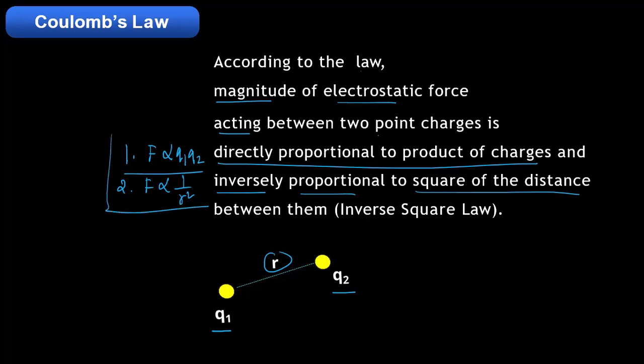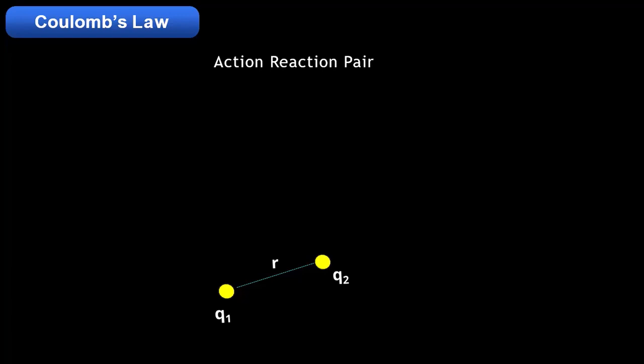This is the basis of the law, and that's why it's called the inverse square law. Why? Because R square comes in the denominator. So the combination of these two gives F proportional to Q1 Q2 by R square. This is the final statement of the law. That means the expression of force is F equals some constant K into Q1 Q2 by R square. What is K? K is the proportionality constant.